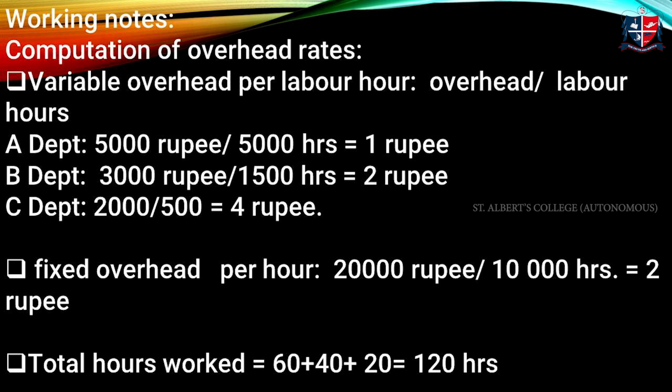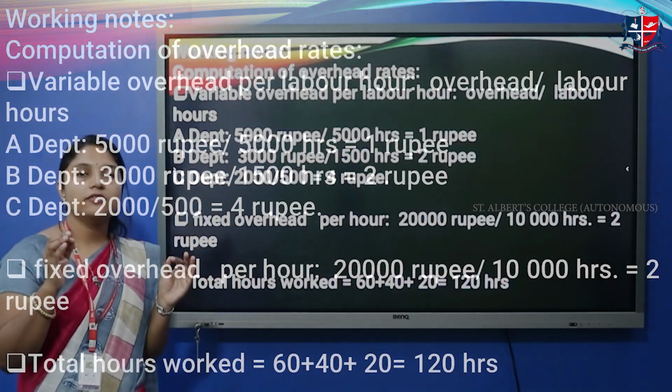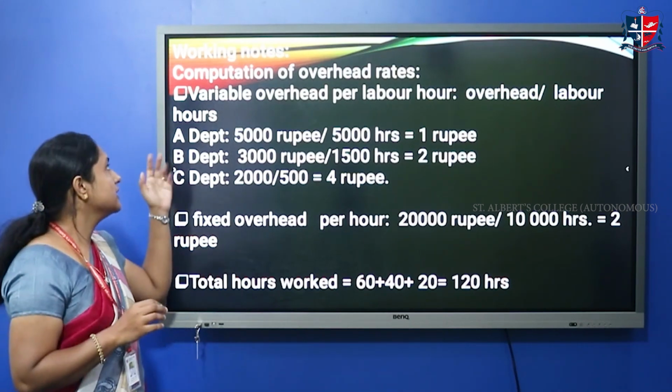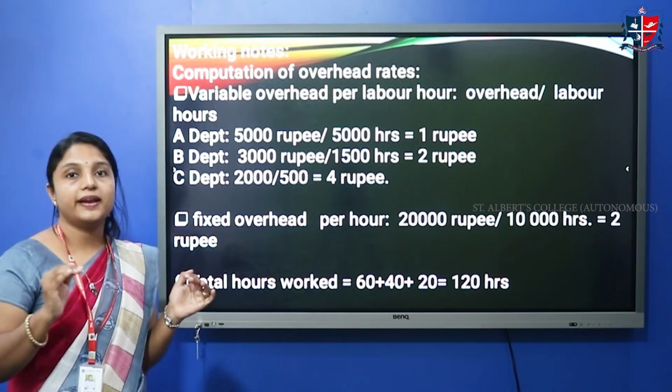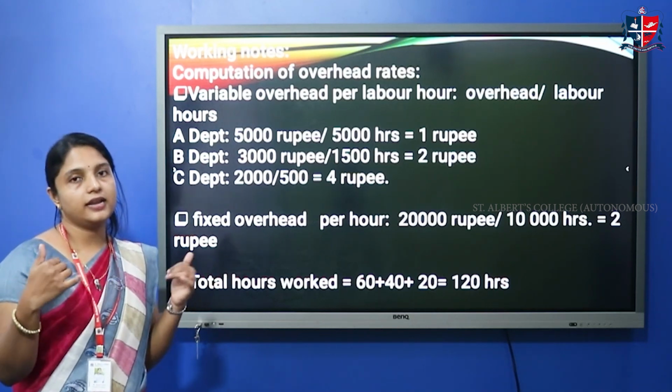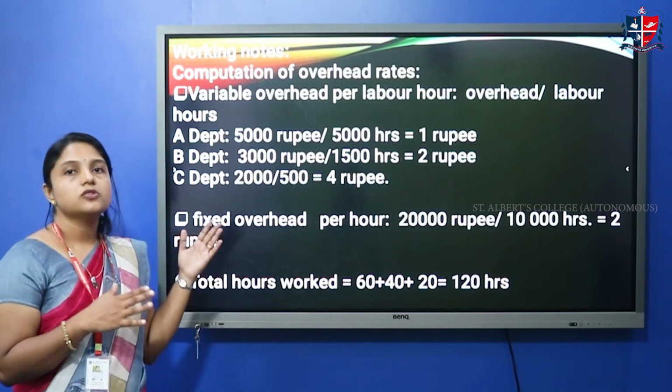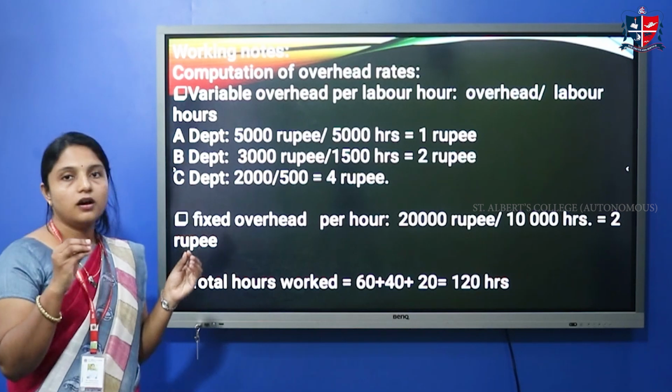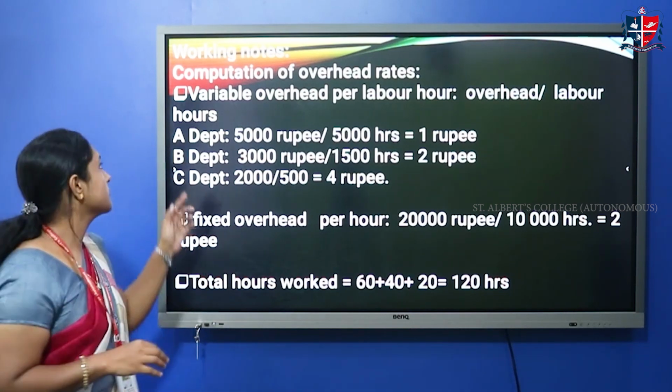Before that, we want to prepare some working notes for this. So first we have to find out the overhead rates per hour. There are two overheads, variable overhead and the fixed cost. So we have to calculate the overhead rates per hour.